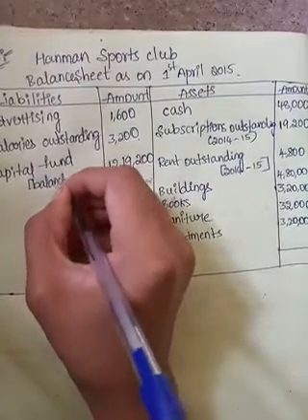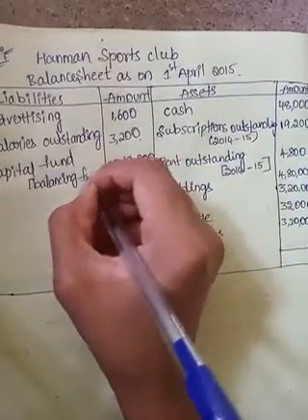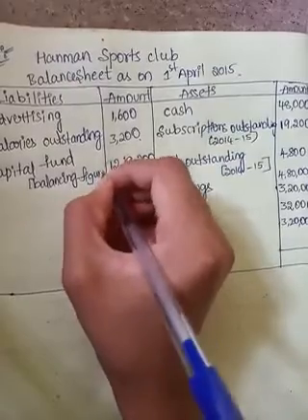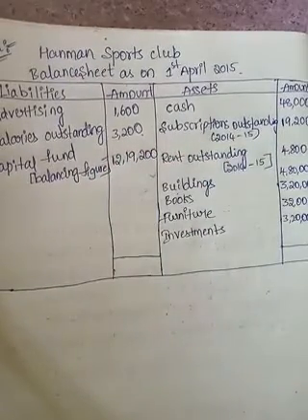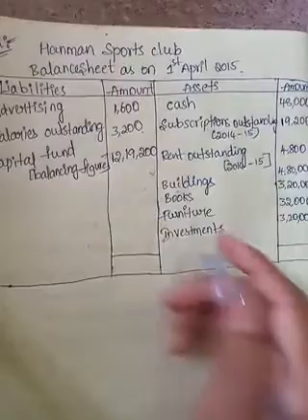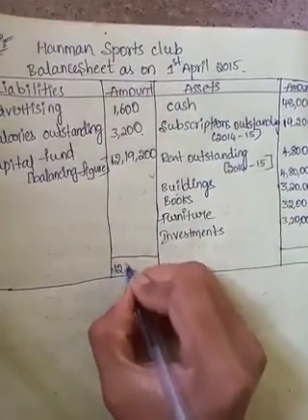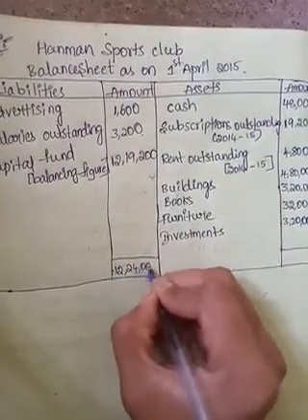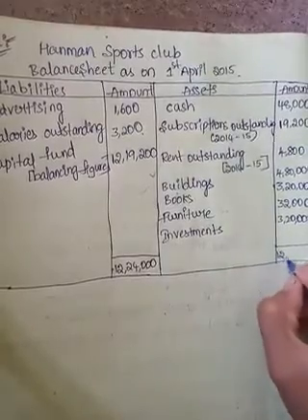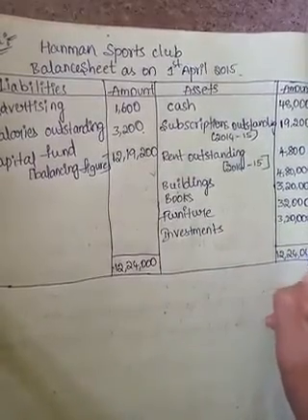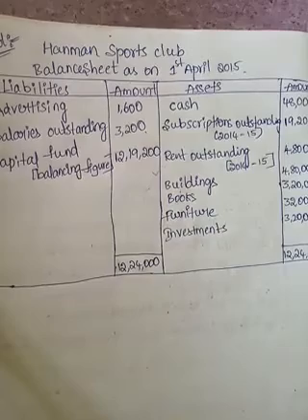Total is 12 lakhs 24,000 and 12 lakhs 24,000. Okay, this is the opening balance.